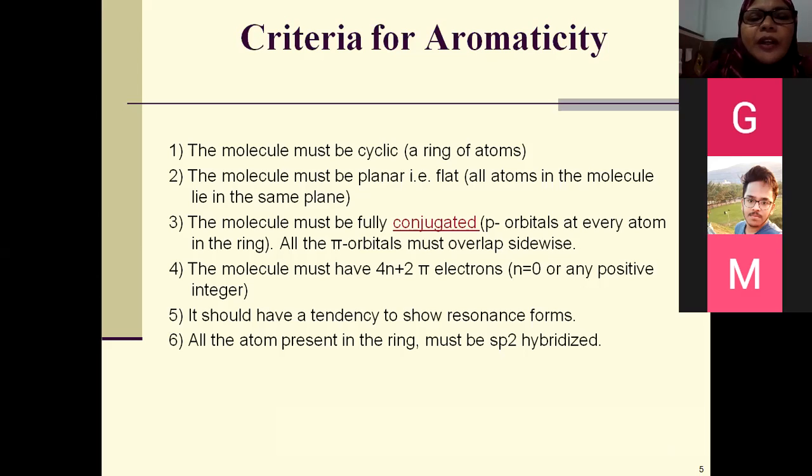If a compound fulfills all these criteria, then we can consider that compound as aromatic in nature. We will see the main 4 structural properties, that is the first, second, third and fourth criteria, in detail, and I will show you how it should be.